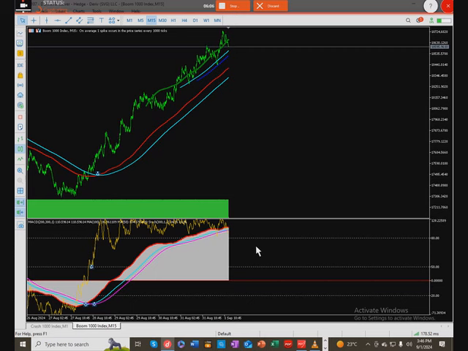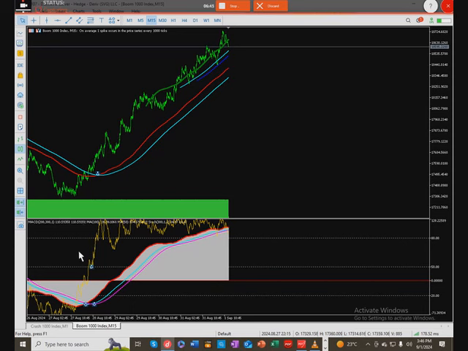You take your sell and hold it while the MACD signal is under these two moving averages. You hold your entry position until this moving average is over this, and then you can take your profit.